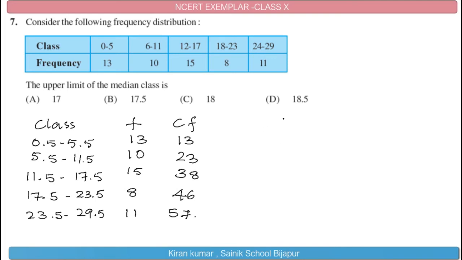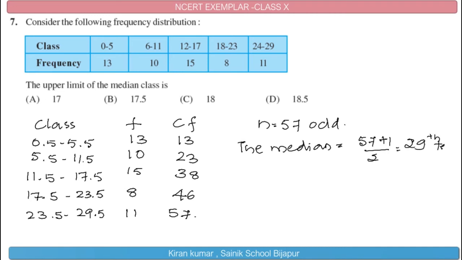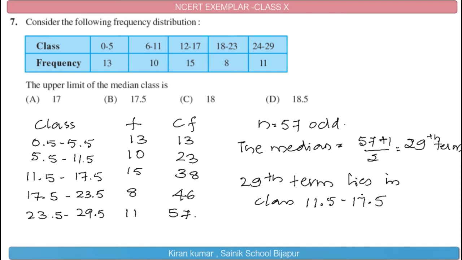Here n value is 57, which is an odd number, so the median will be 57 plus 1 upon 2, which is the 29th term. So this 29th term lies in the class 11.5 to 17.5, because the cumulative frequency here is 23 to 38.